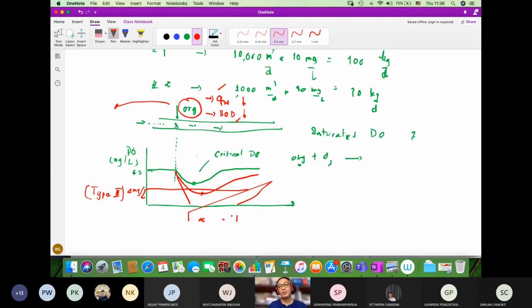If you remember, several years ago there was an environmental news story about a boat carrying molasses. Molasses is a byproduct from the sugar production industry. They are basically organic substance.